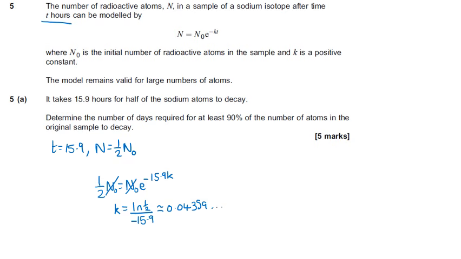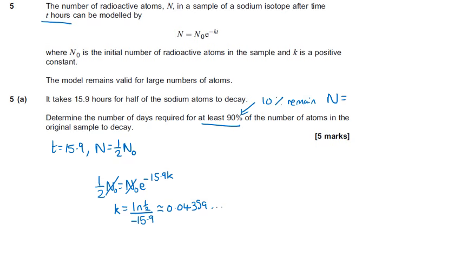The question is, though, determine the number of days required for at least 90% of the number of atoms in the original sample to decay. So the first step was to determine k, and now we can substitute another value back into the equation to find another value of t. So if 90% has decayed, then that means that 10% remain.